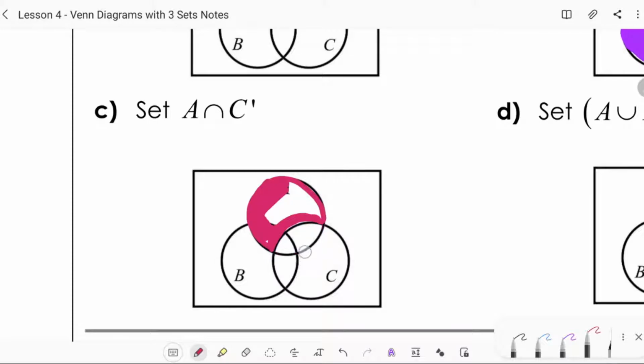But then erasing that segment that shares anything with C. So A and not C is everything here. Yes, it has overlap with B, but again, I wasn't asking anything about B. I wasn't saying I can or cannot have parts of B. I'm more worried about making sure I've covered up A. And I haven't included anything here that technically is still part of A, but is part of not C.